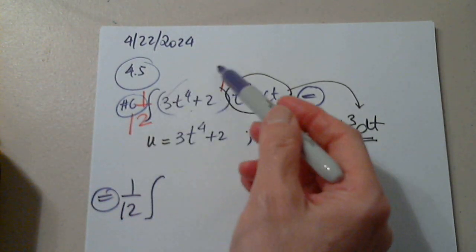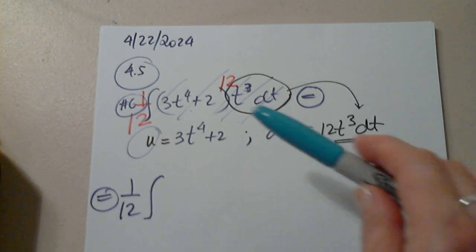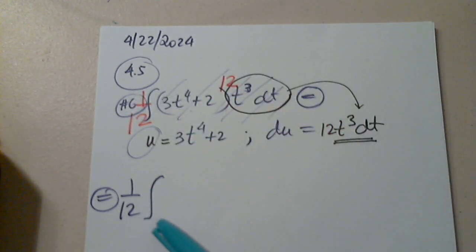Can anyone change this integral now in terms of u? No t at all, only u. Anyone, please? It's okay if you're wrong. Can anyone change this integral from this to here?